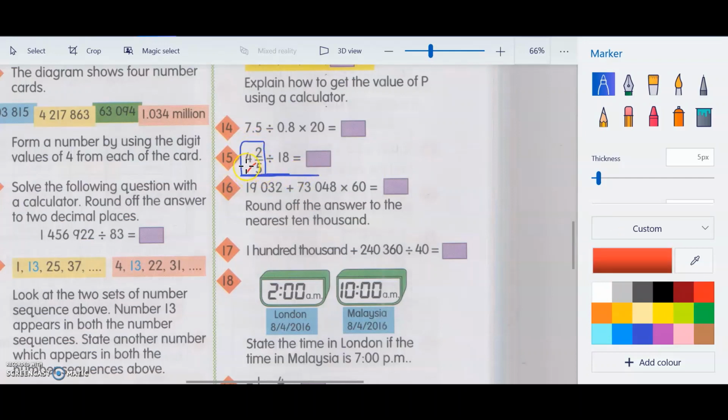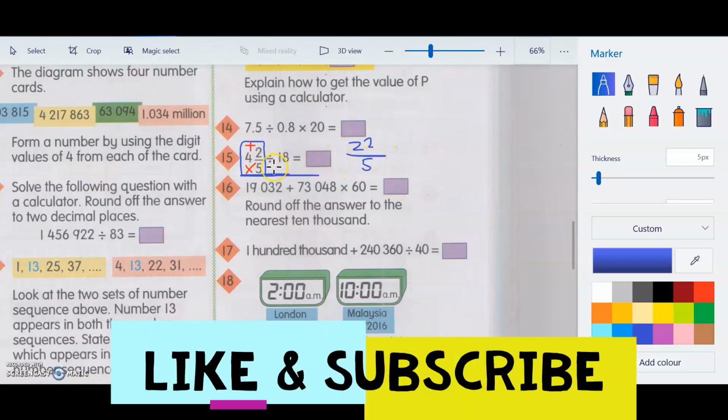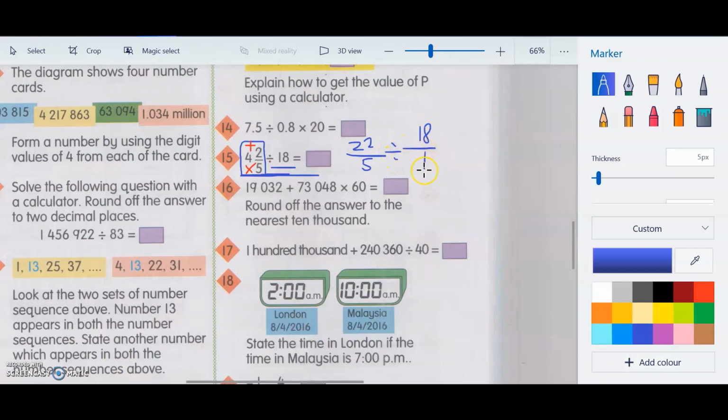For question 15, we need to change this one into improper fraction first. How do you do that? You times and then you plus. So 5 times 4 is 20. 20 plus 2 is 22. The bottom number is 5, you just copy. So divided by 18. Now 18 is the same as 18 over 1. Then this division sign, we need to change to multiplication, and we need to flip the number.